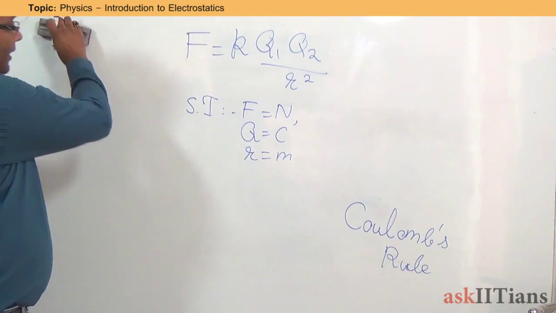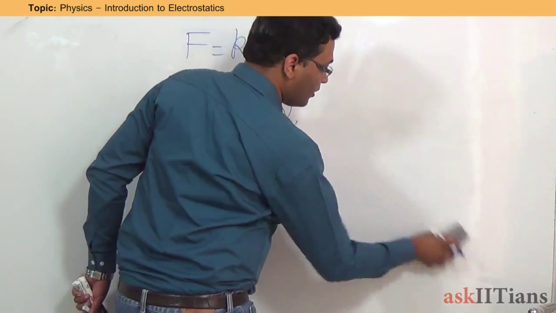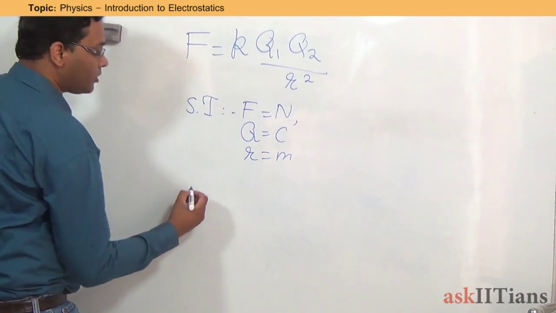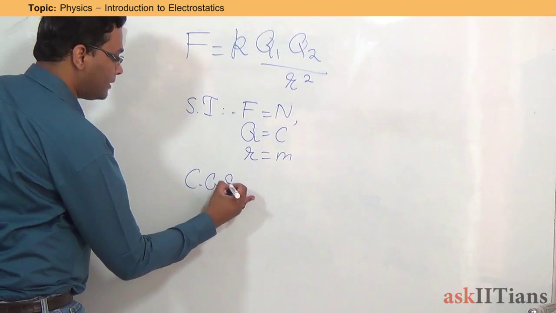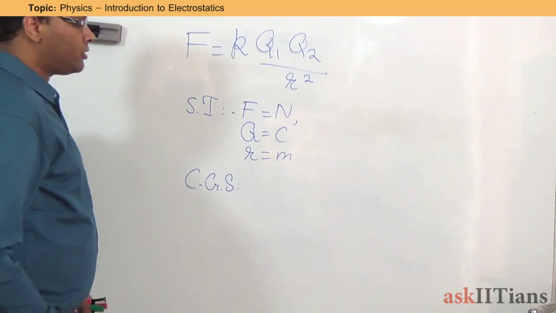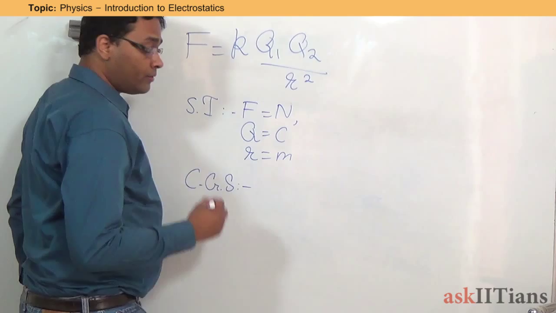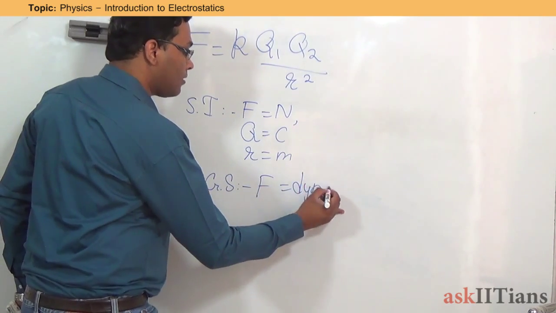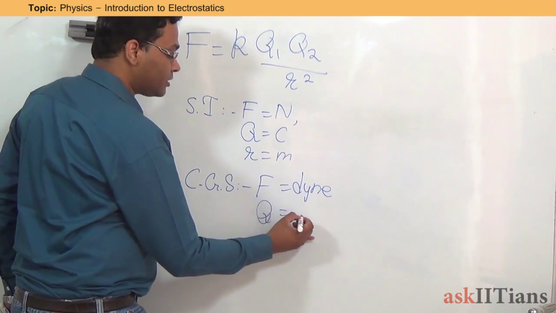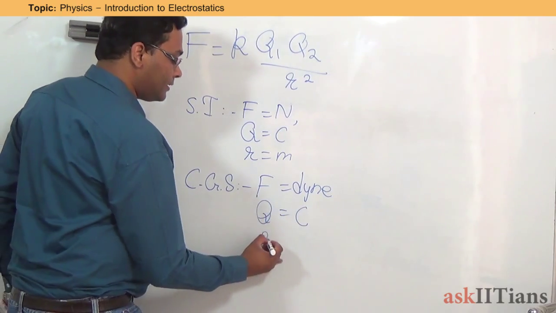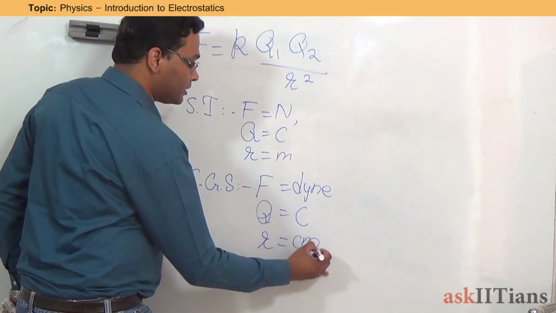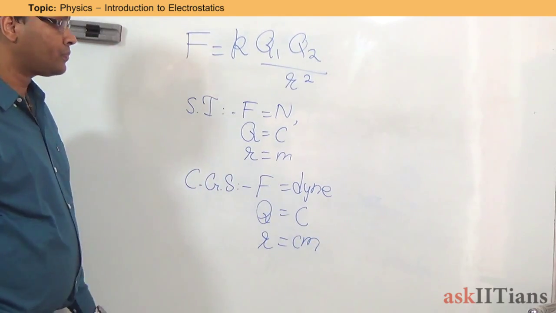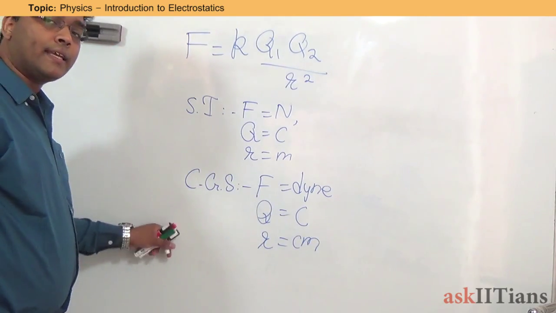Whereas in the CGS system, force will be measured in dynes, charge will still be measured in coulombs, and distance is going to be measured in centimeters. Now, how do you take care of this?